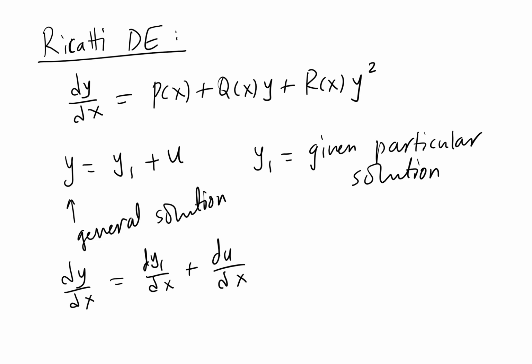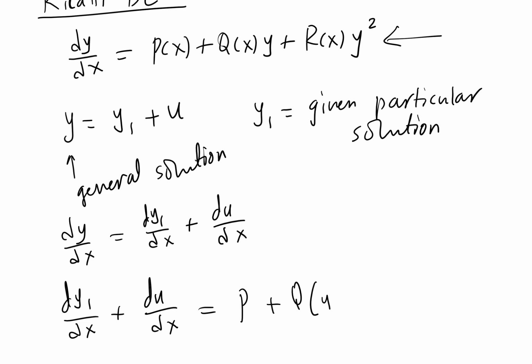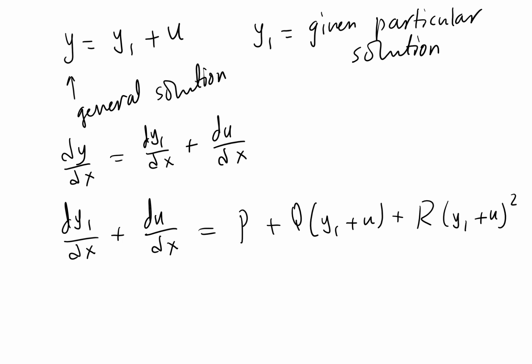And what I'm going to do is substitute this into this equation. dy/dx, which is dy1/dx plus du/dx, equals p(x), I'm just going to write p for now, plus q times y, which is y1 plus u, plus r times y1 plus u squared. Let's keep the left hand side the same for now.